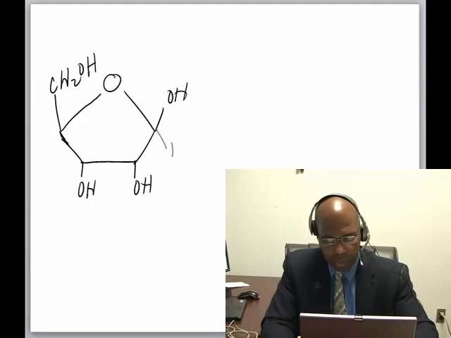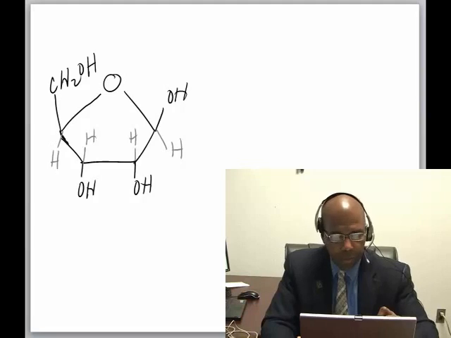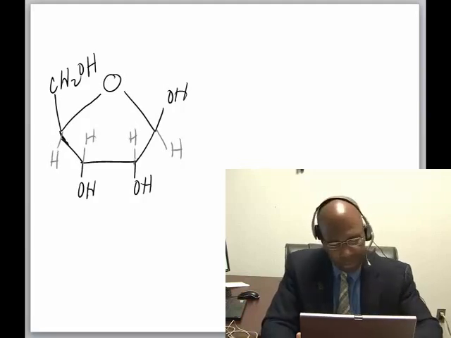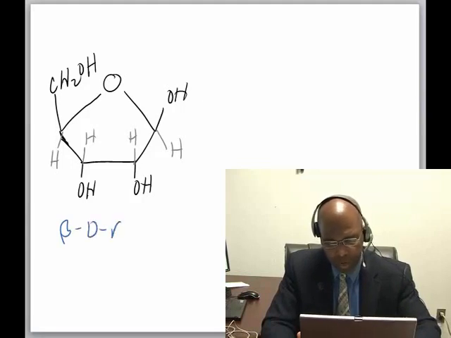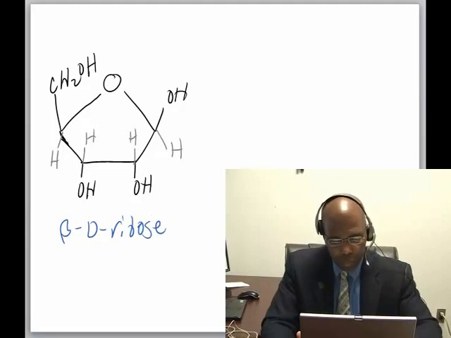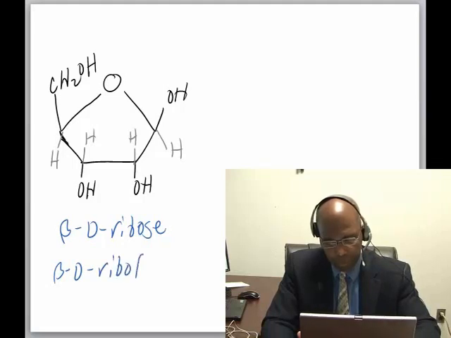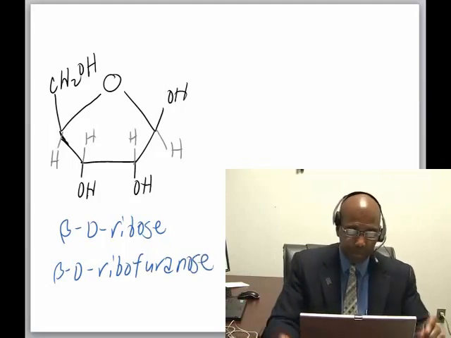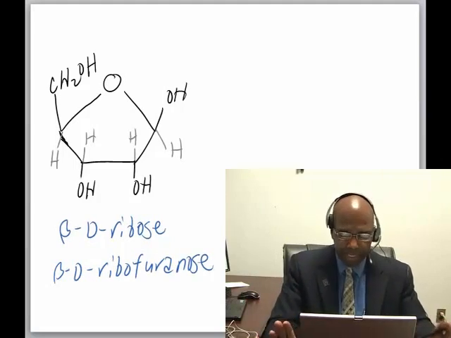And we will show our hydrogens here. And so this compound, we could just say this is beta D ribose. But if we wanted to be sticklers about this, we would call this beta D ribofuranose.